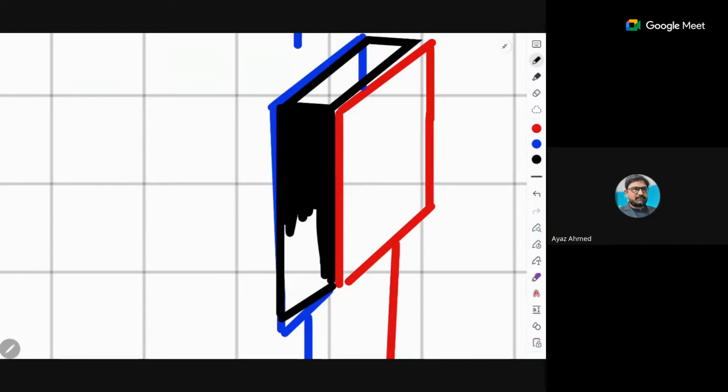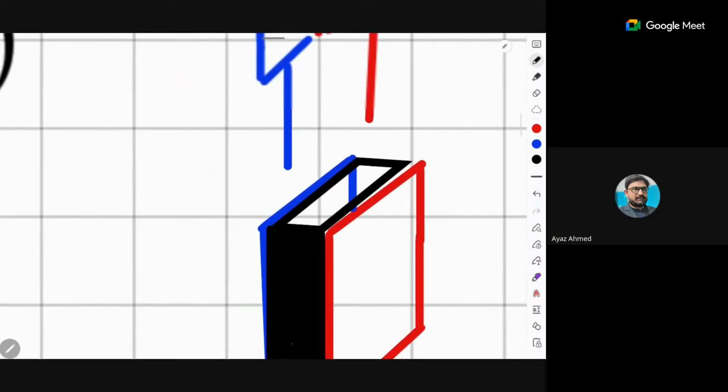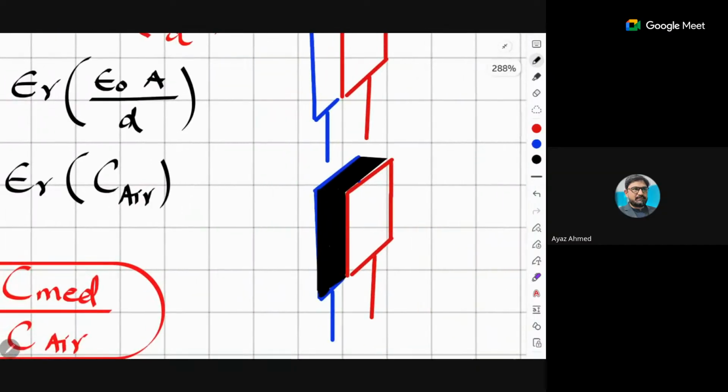The capacitance will suddenly increase, right? Due to that dielectric, the capacitance of the capacitor will be increased by the number which is the relative permittivity of the dielectric.